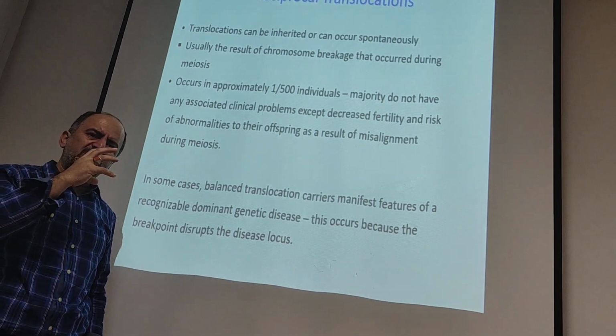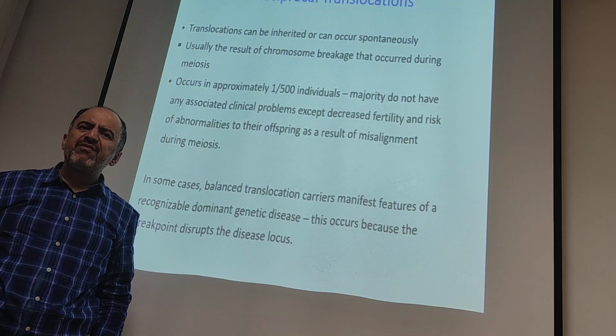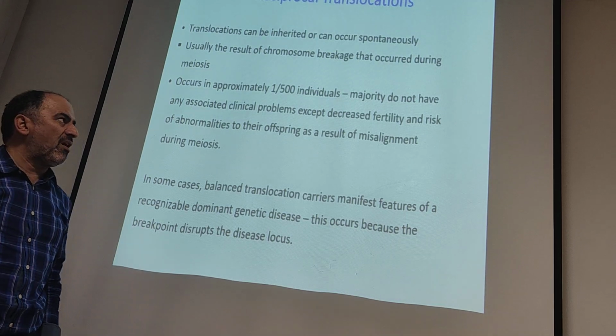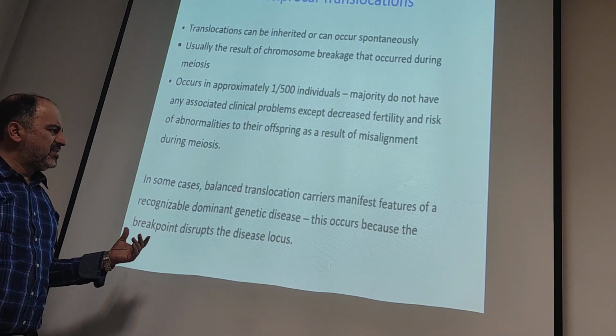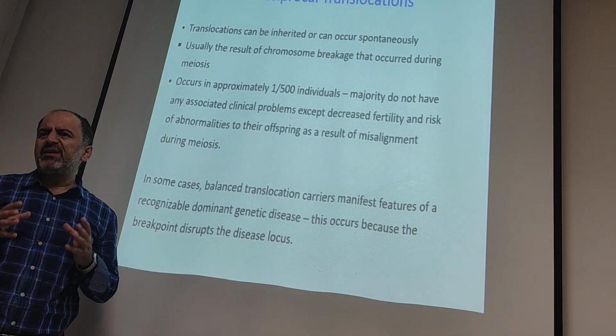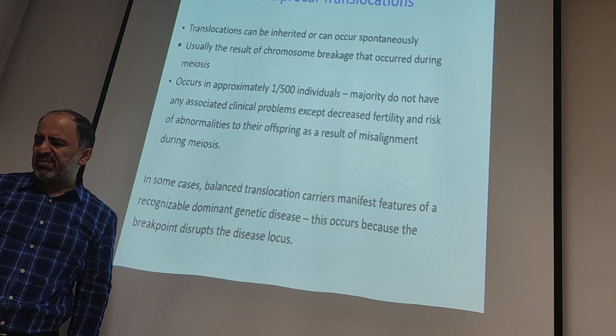Usually first we check the baby, then we check the father and mother if there is something wrong. Reciprocal translocation happens in 1 in 500. The father and mother are fine, but the baby is not fine because of the sperm or ovum problem. And the disorder depends on the size of the deletion part.